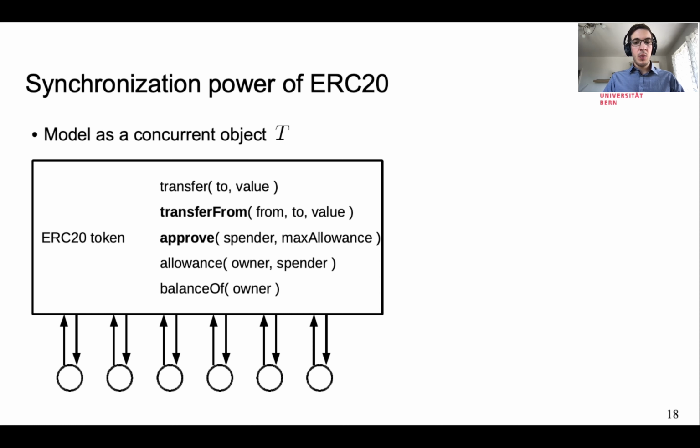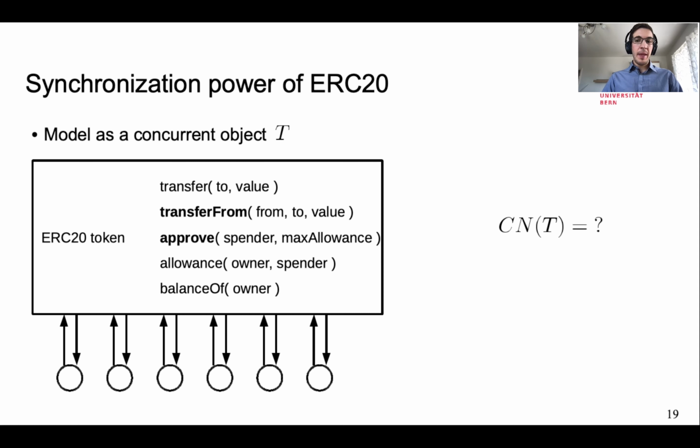Now this second party becomes an enabled spender for this account. The enabled spenders can then use the operation transferFrom in order to transfer some tokens from an account for which they are enabled. The question we have to answer now becomes: what is the consensus number of this token, of this object?